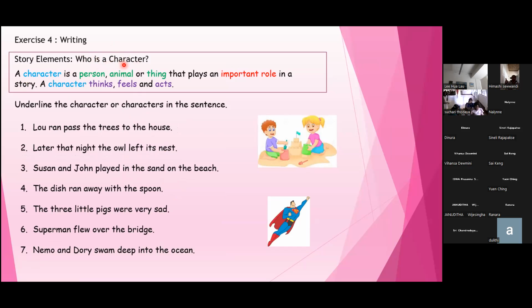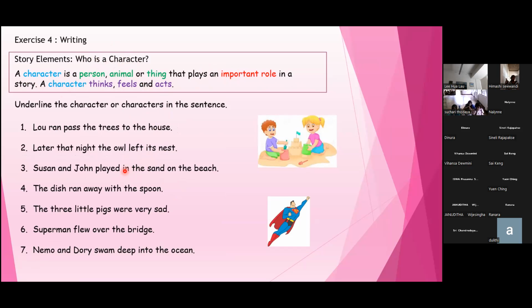So I've just explained who a character is. Okay, it's a person, animal, or thing that plays a very important role in a story. A character thinks, feels, and acts, right? So for example, in the story of English class on Sunday, who are the characters? The characters are me, the teacher, and the children, the students.